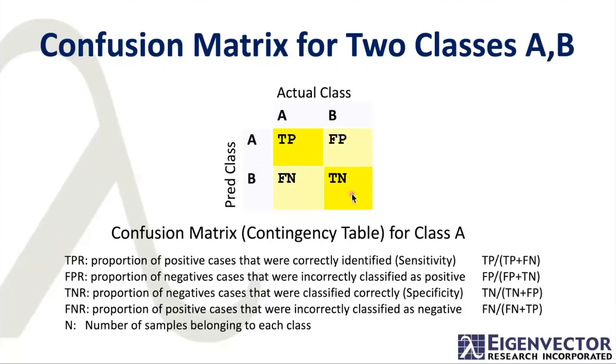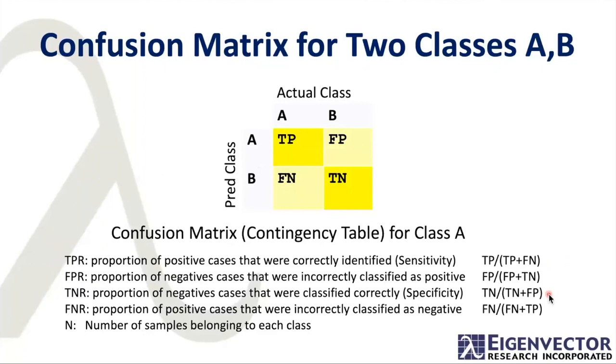So the definitions are given below here. The true positive rate, the top left one, is the sensitivity, and the bottom right one, the true negative rate, is the specificity. Those are very useful, and for many classification problems, you will be more interested in optimizing on one or the other of those.